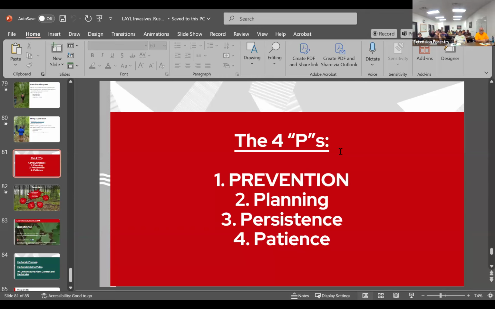Then, like he said, if you have a phone app, drop a mark or a waypoint there so you know exactly where it was next year, hang some ribbon, whatever it takes. Remember those places and then take steps to get rid of them before they get a stronghold.